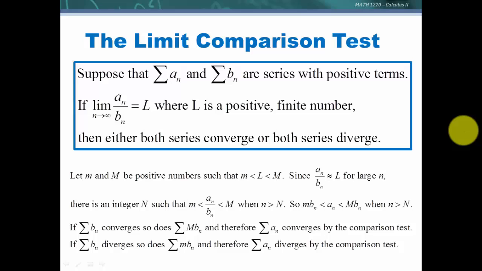So here we're going to let little m and big M be positive numbers such that L, this positive finite number reached by the limit, is between those two.